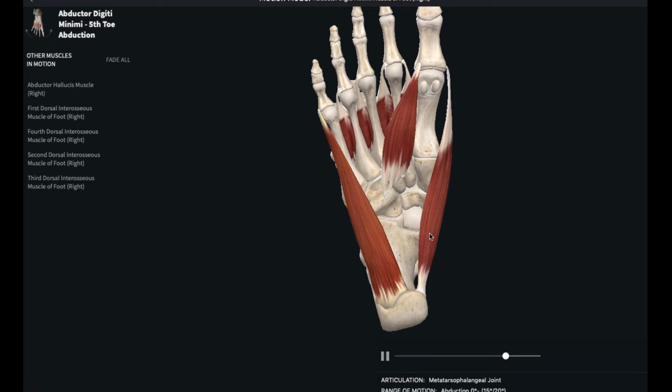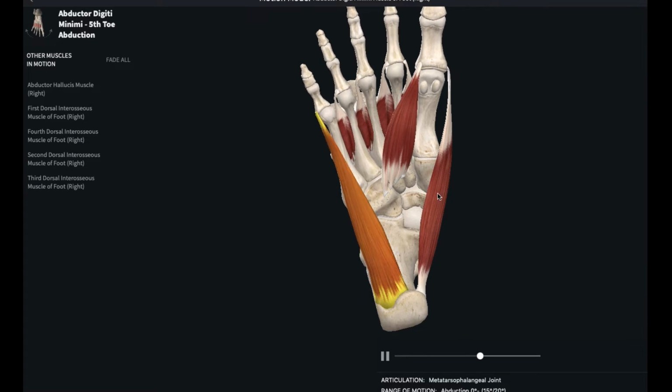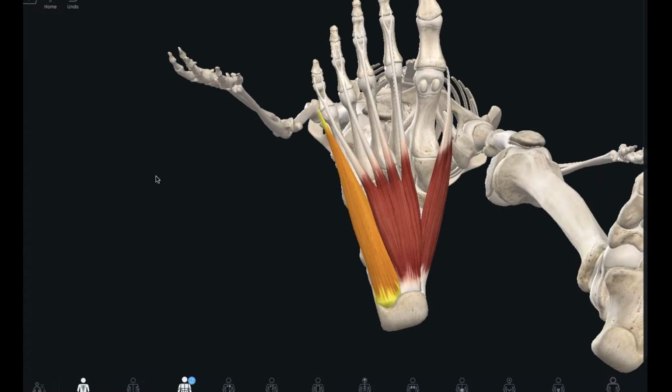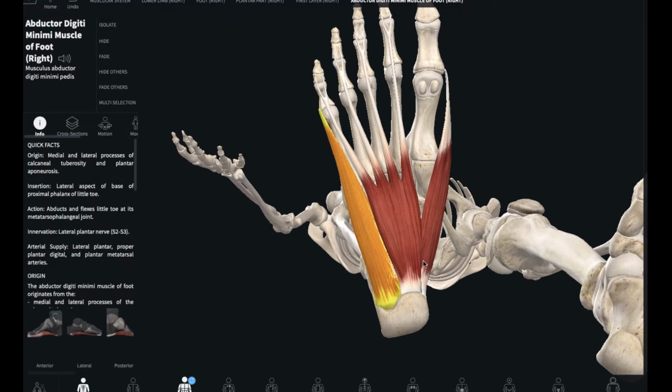You can obviously also see this would be the abductor hallucis, but we'll get back to that in a second. Okay, so you kind of have an idea. Let's start with this one.